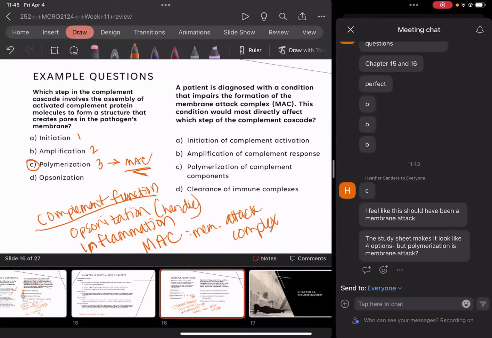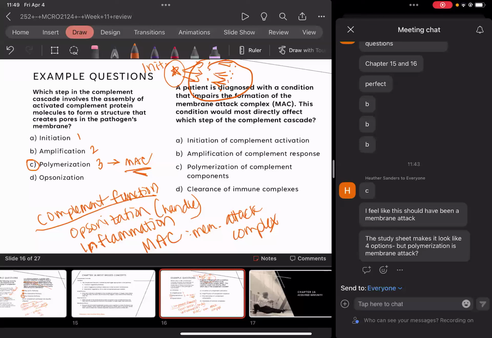So initiation is starting the complement cascade. You have triggered this protein. This protein will then trigger all of these proteins. And then these proteins will trigger these proteins, and this one will trigger these proteins, and this triggers these proteins, etc. So this is the initiation.